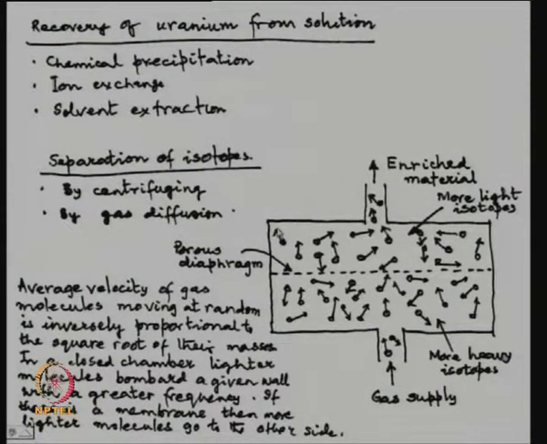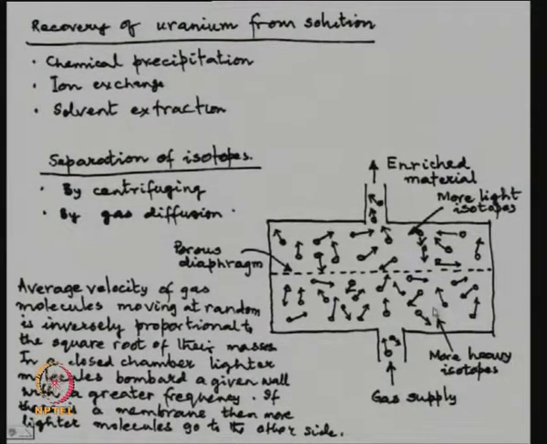The uranium compound in a gas phase is supplied from one side in a chamber where there are two compartments separated by a porous diaphragm. When you talk about a porous diaphragm, we are talking about porosities of atomic sizes. It is a very fine diaphragm.